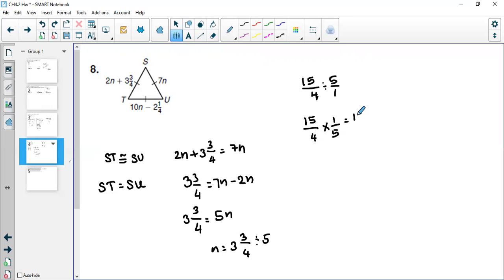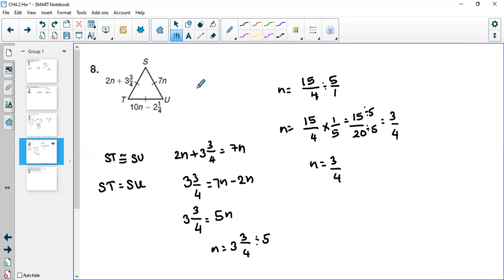So that will end up with 15 over 20. Now, if you can simplify, do simplify. Yes, we can further simplify. Here n equals, you can simplify it with 5. So that makes it 3 over 4. So the value of n is 3 over 4.